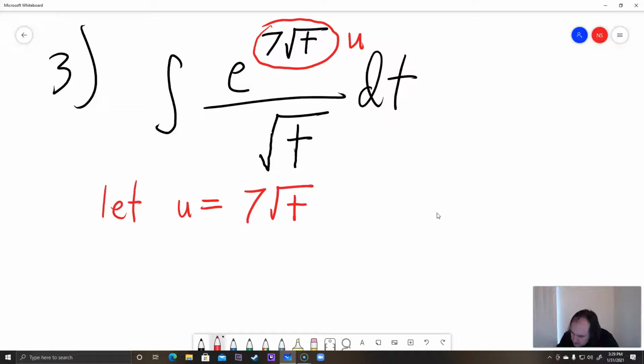And remember, that's the same as 7 times t to the 1/2, because a square root is the same as a 1/2 power.